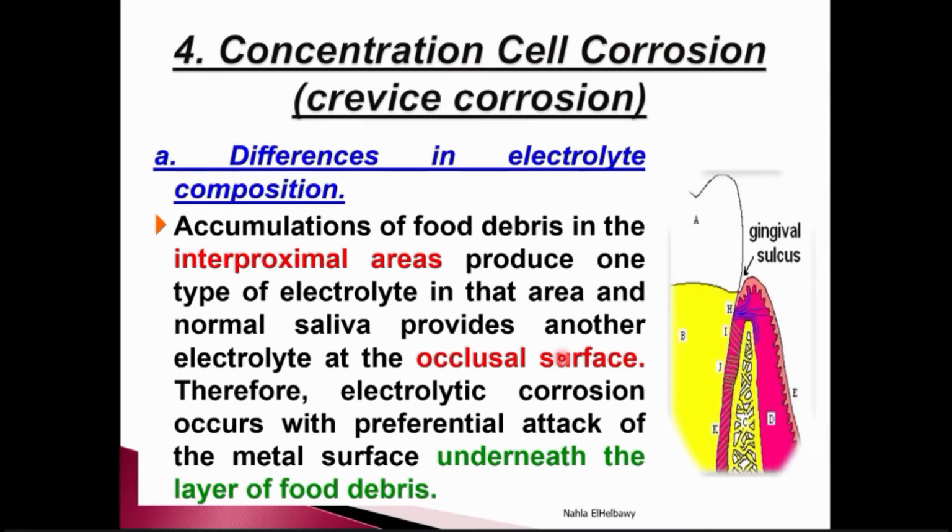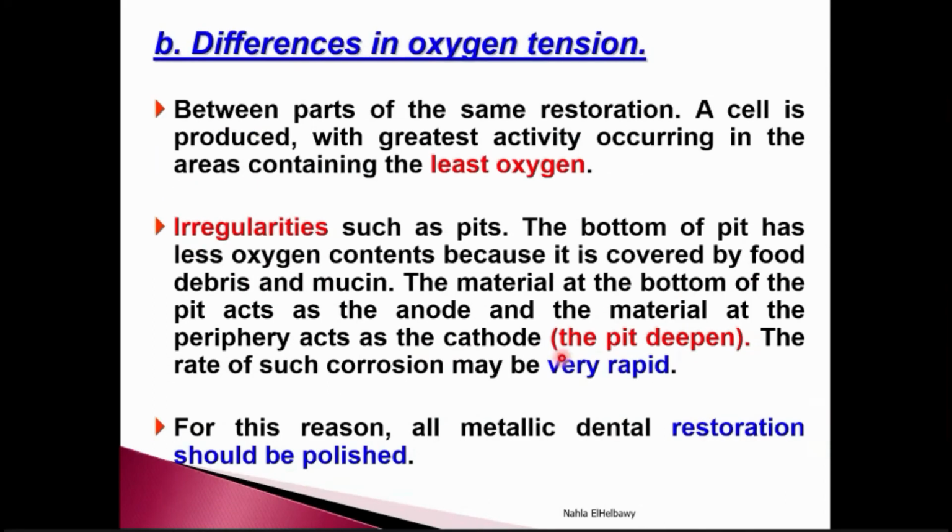Another example we can see is any surface scratches, any irregularities such as pits. In such pits or scratches, in the depth of the scratch, there is less oxygen, while compared to the margins.